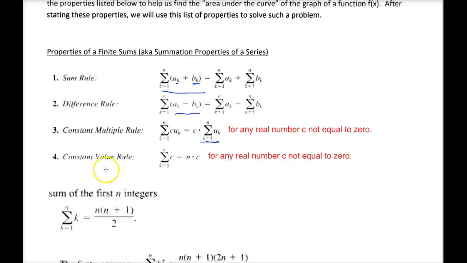The last one, the summation of any constant, is just another way of writing multiplication: how many times are we going to take that number c and add it, n times. That's basically multiplication.